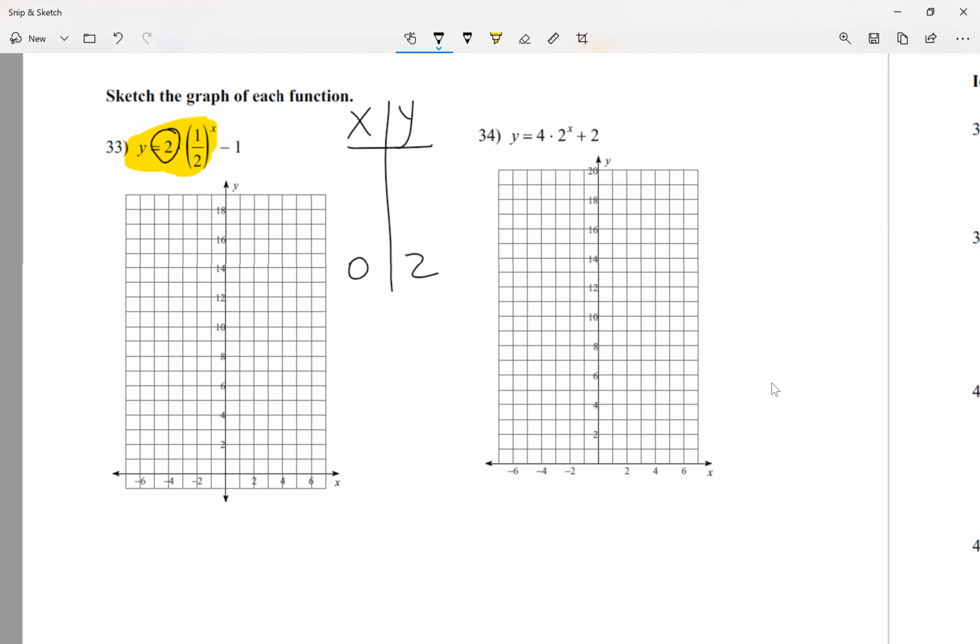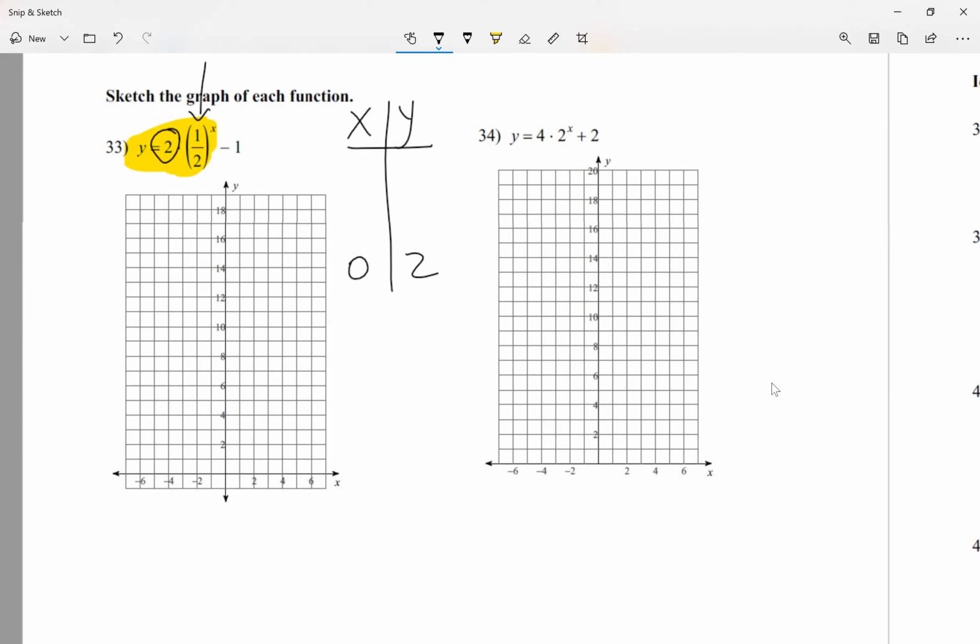If I think of positive values of x, 1, 2, 3, 4, I have to multiply the value of y by the base, which in this case is 1/2. Now, 2 times 1/2 is simple, right? 2 times 1/2 is just 1. But then times 1/2 times 1/2 times 1/2, I don't want to deal with halves.